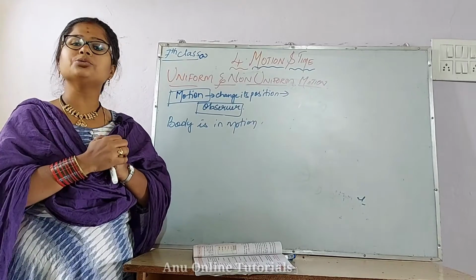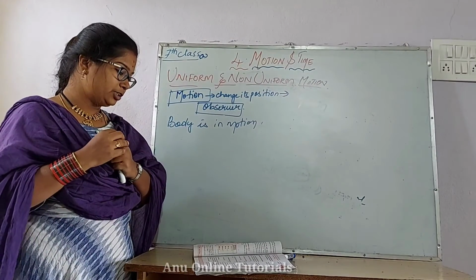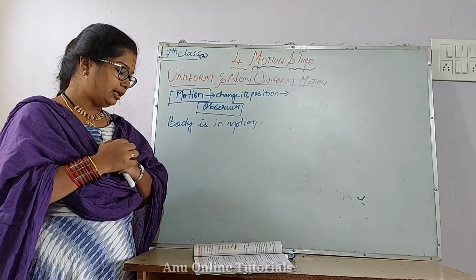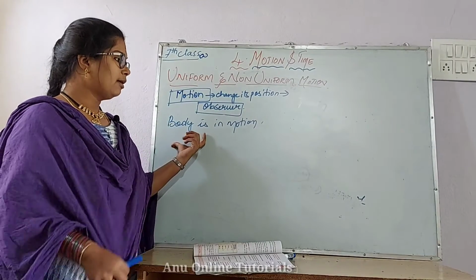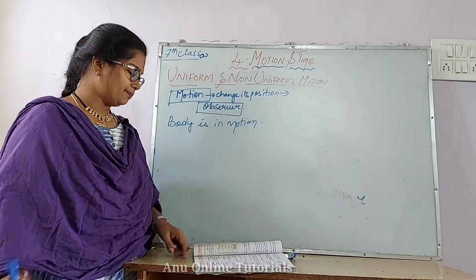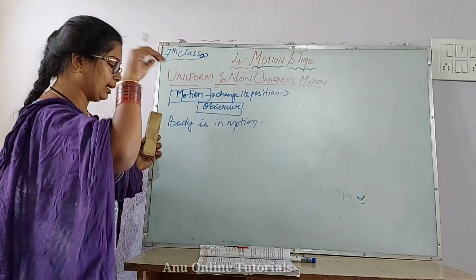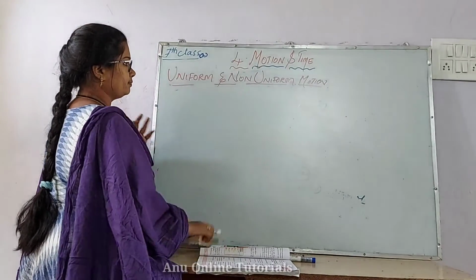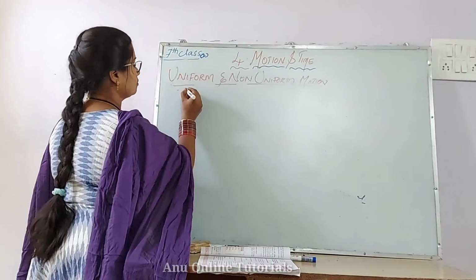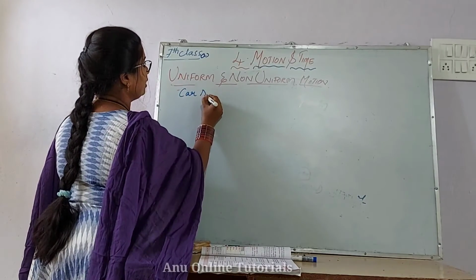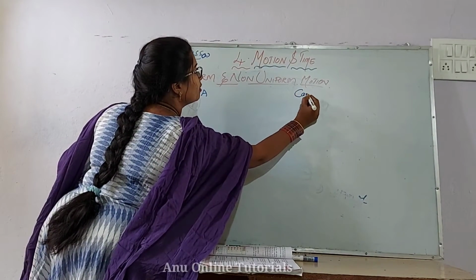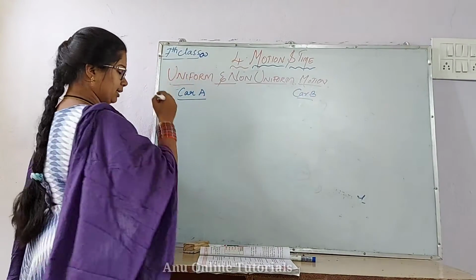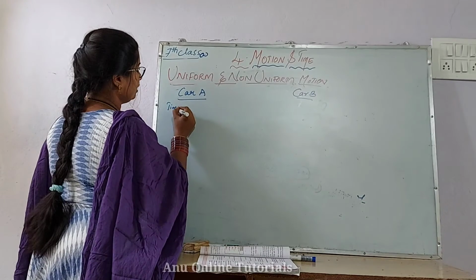So here are two examples given. There is a table for car A and car B. These are the two tables.